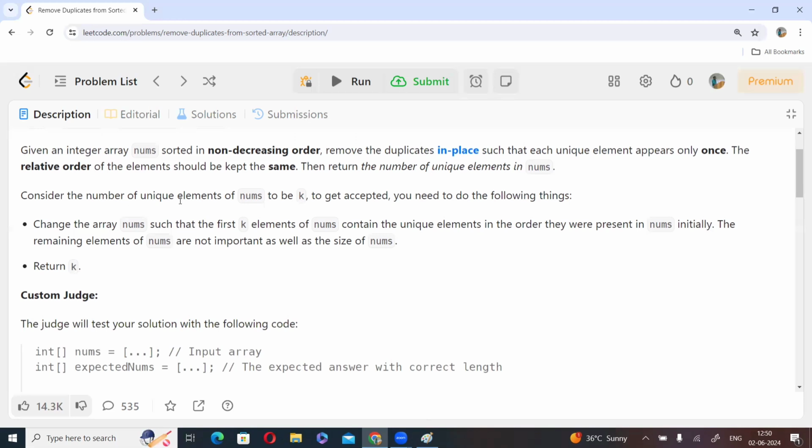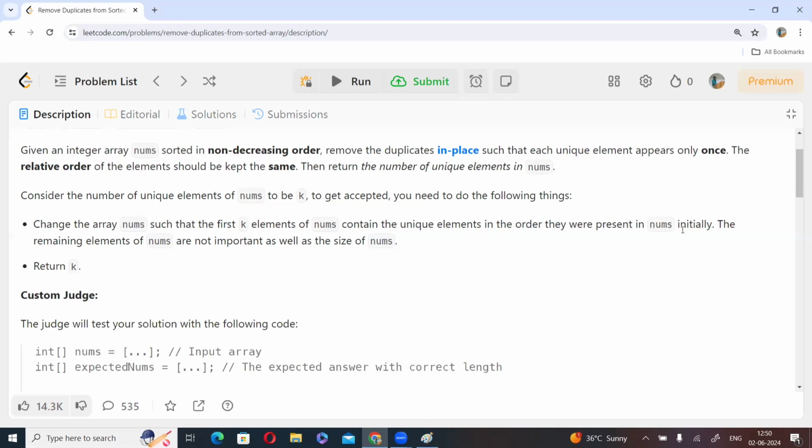Consider the number of unique elements of the array to be k. So they only said assume you have k unique elements. To get accepted, we do the following. Change the array such that the first k elements of nums contain the unique elements in the order they were present initially.